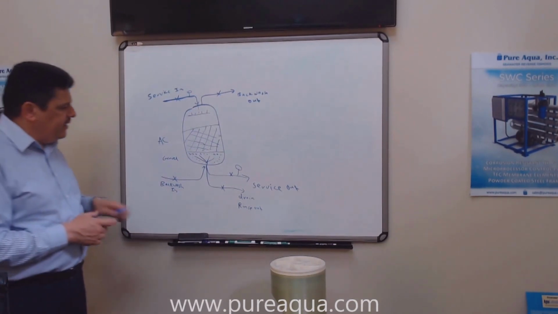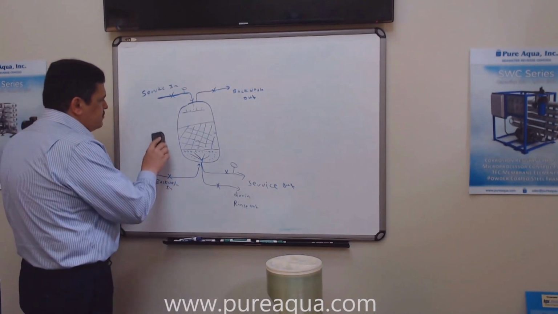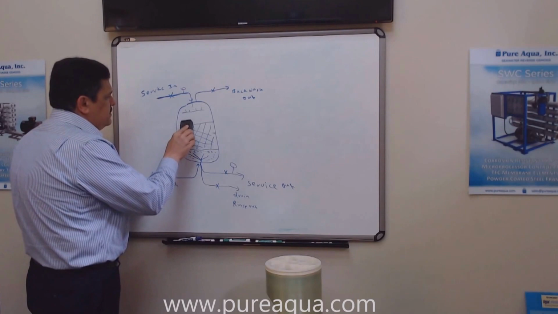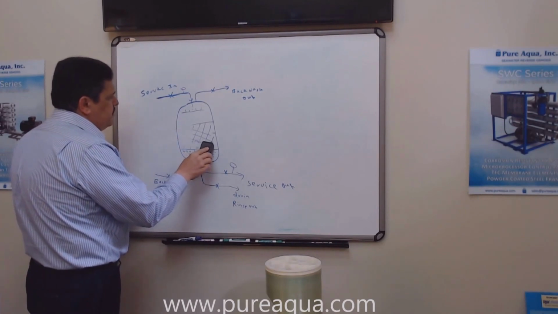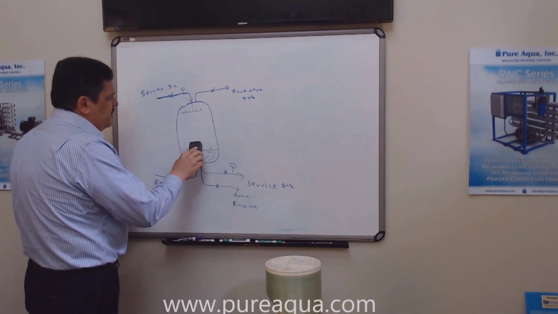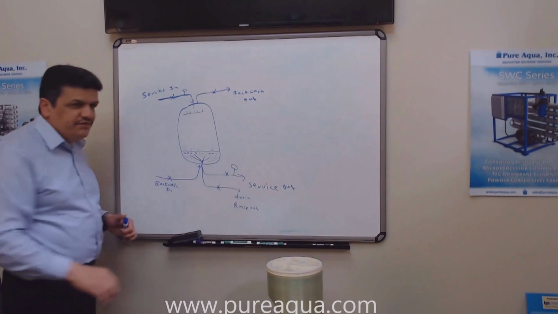Now, again, if we're going to talk about the manganese green sand, from the name, it's for iron and manganese removal. It's not green. I don't know why they initially called it green sand. Maybe when the first green sand was invented, it was green.